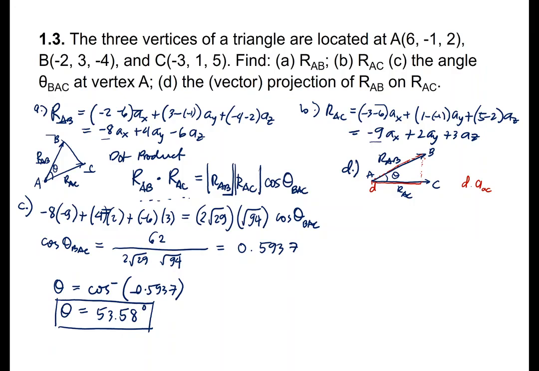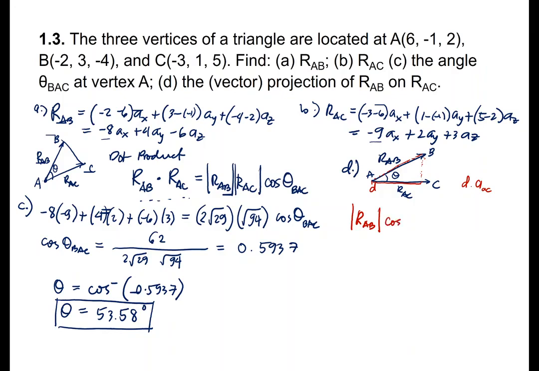To be more precise with the equation, this is equal to the magnitude of RAB, multiplied by the projection onto RAC, so that's cosine theta.